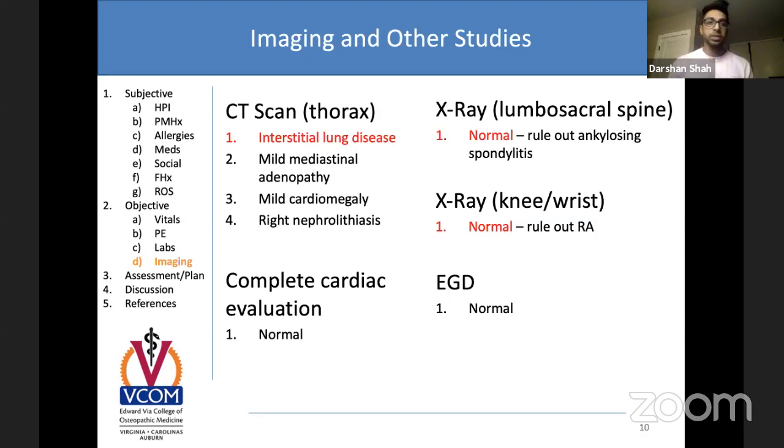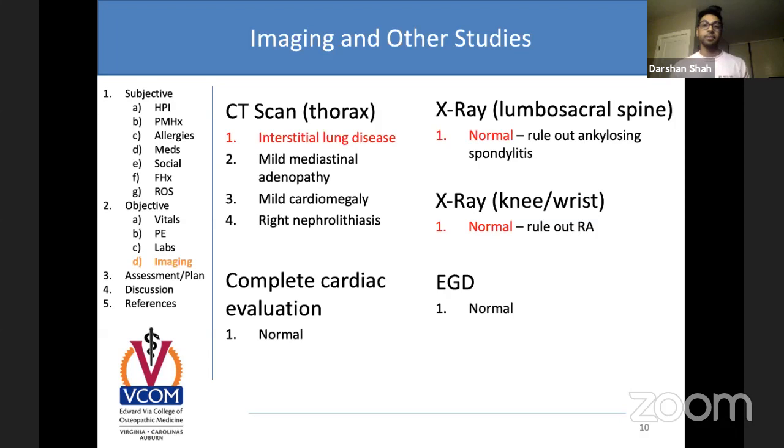Other things noted on the CT scan of the thorax: mild mediastinal adenopathy, mild cardiomegaly, right nephrolithiasis, nothing to really worry about there. And like I said, he got a complete cardiac evaluation. That was normal. We got an x-ray of his lumbosacral spine, right? Because we want to rule out ankylosing spondylitis.